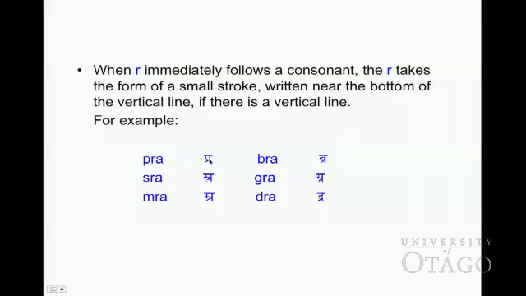Bra: ba together with ra, it will be bra here. Sara, like this, one line over here, and kra here, and mara, and dra, like this. This is how to use R immediately following a consonant.